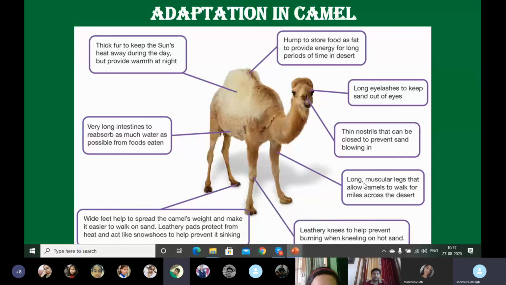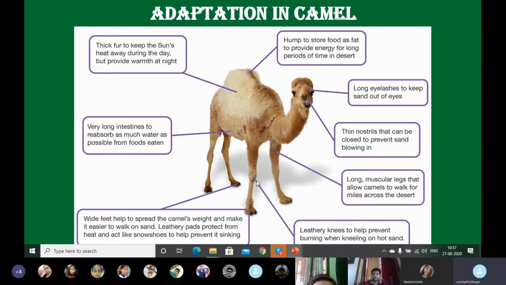Long muscular legs that allow camels to walk for miles across the desert. Then leathery knees to help prevent burning while kneeling on the sand. How does a camel sit? It kneels down, so there is a leathery pad which helps it kneel down and prevents burning.